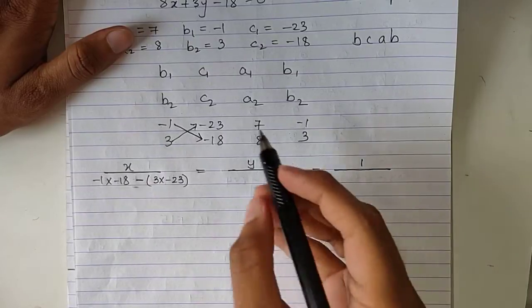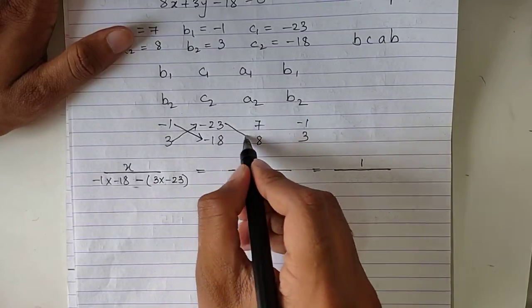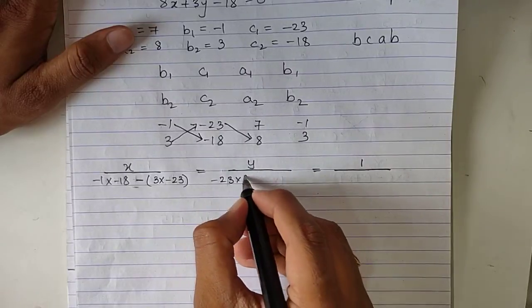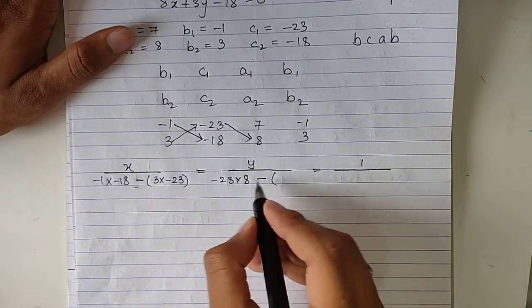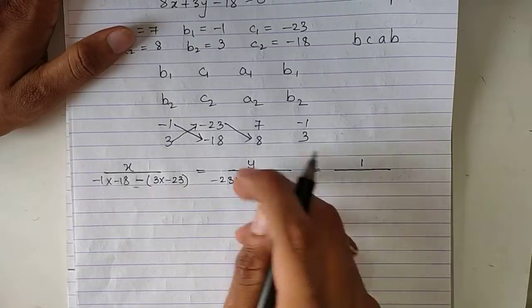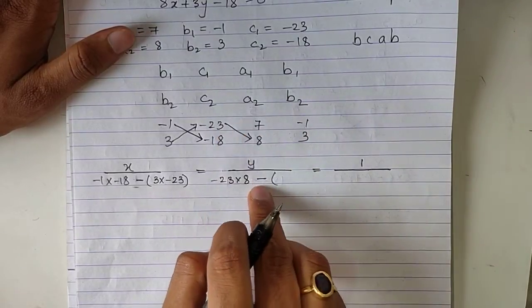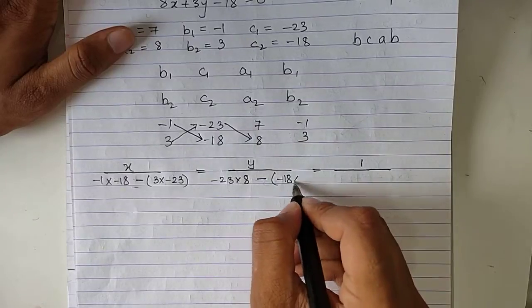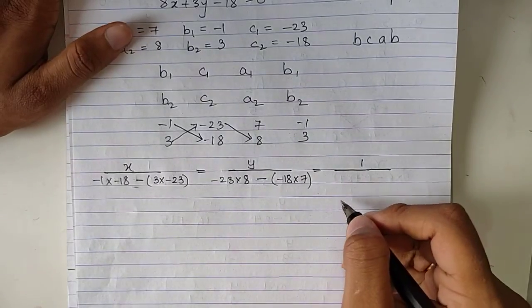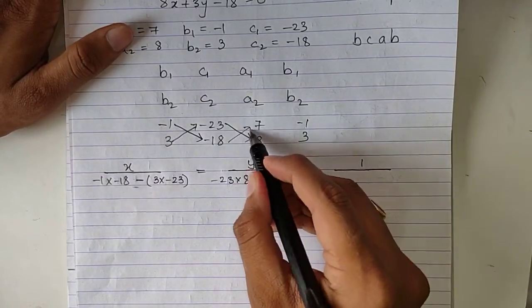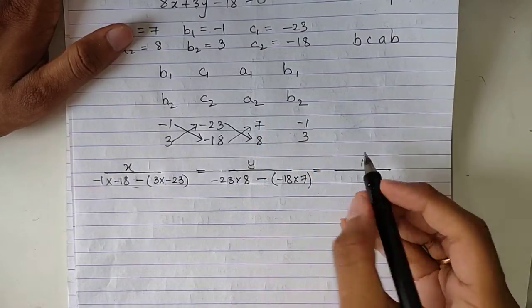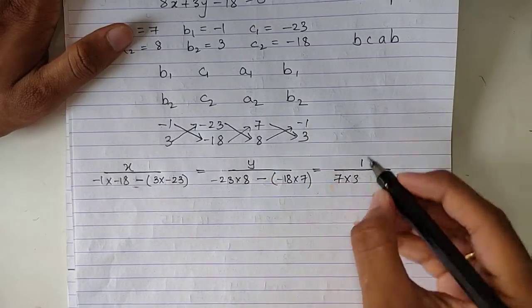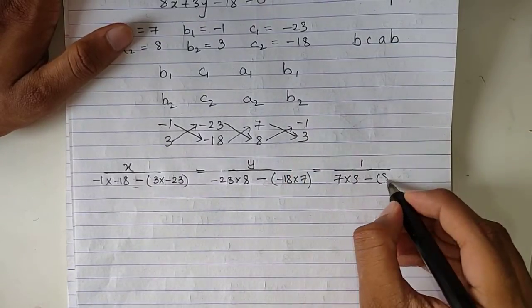In the second one, from top to bottom first, -23 into 8, minus sign, don't forget this minus sign. Between these two there comes a minus sign, which is different: -18 into 7. And then the last two, 7 into 3 minus 8 into -1.